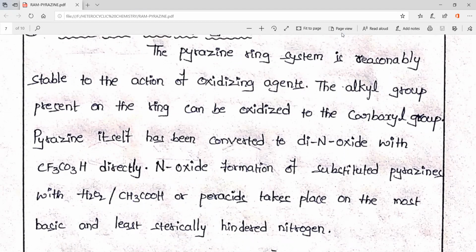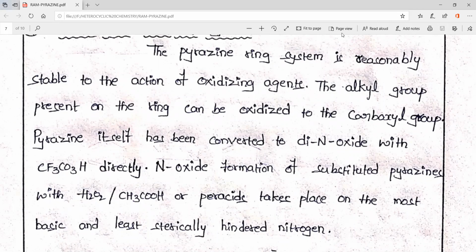They are also stable to oxidation and form N-oxides when treated with oxidizing reagents such as hydrogen peroxide. So coming to the pyrazine, it is also stable to the oxidizing reagents. However, the alkyl groups present in the ring can be oxidized to the corresponding carboxylic group, and pyrazine forms a dioxide when treated with trifluoroacetic acid.